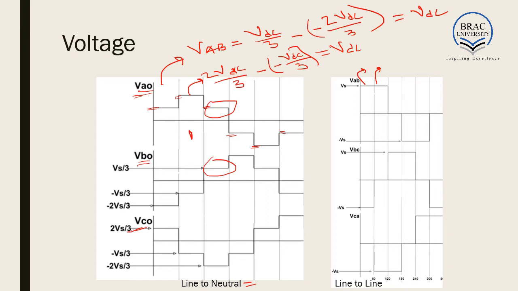These two get cancelled out and we get output equal to 0. For the next 30 degree, we get negative VDC for VA and positive 2 VDC by 3 as VB. If we subtract these two, we get minus VDC, and again in the next stage we will get minus VDC. So the line voltage can be determined from the phase voltage itself, and the curve of the line voltage would look something like this.